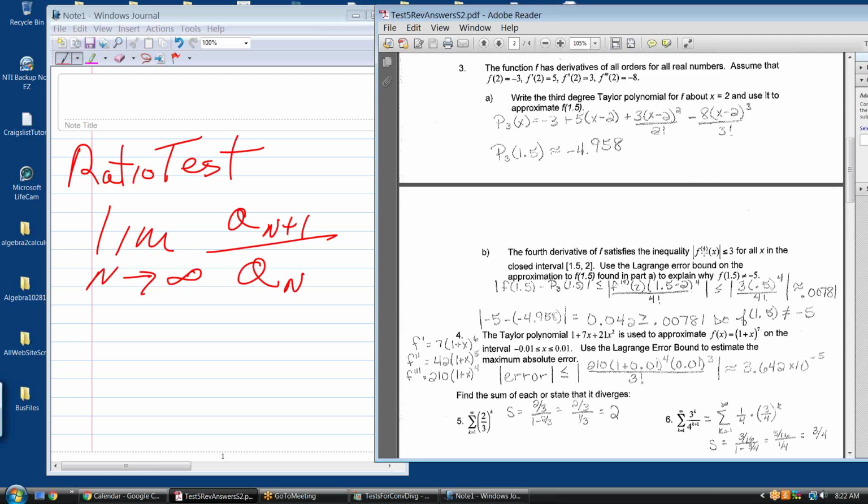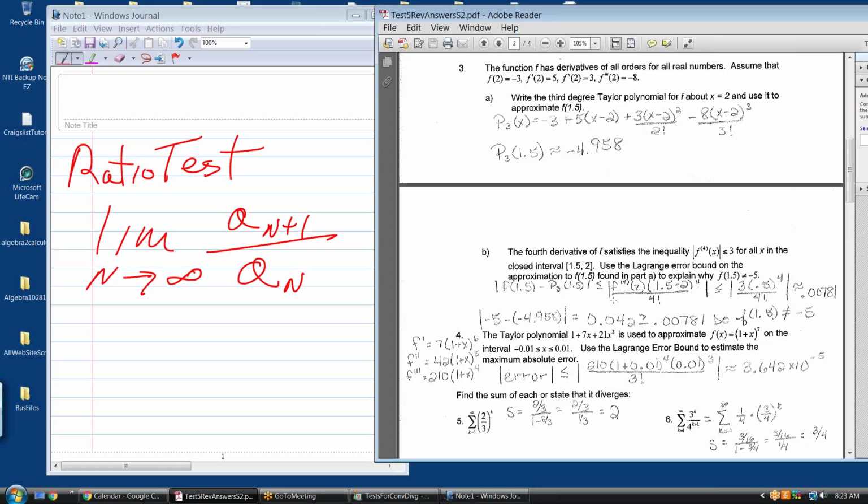Well, we know from this statement here that the maximum error is less than 3. So she can use 3 instead of f to the fourth derivative of x. In other words, instead of f to the fourth of z, z is some point between c and x, or between x and a, rather. That's what z is. And essentially what z is the worst case scenario. In other words, whatever produces the maximum error, that's the z we're going to use.